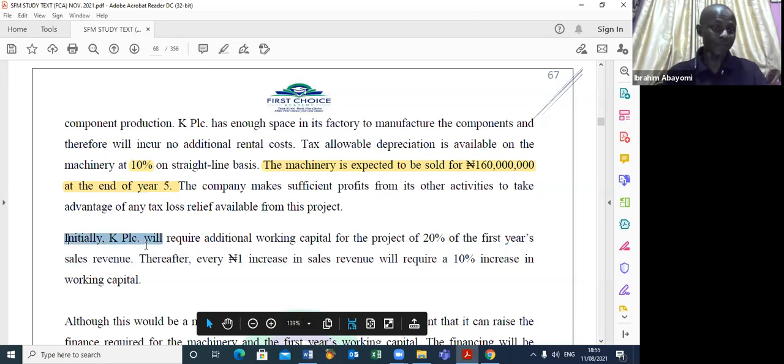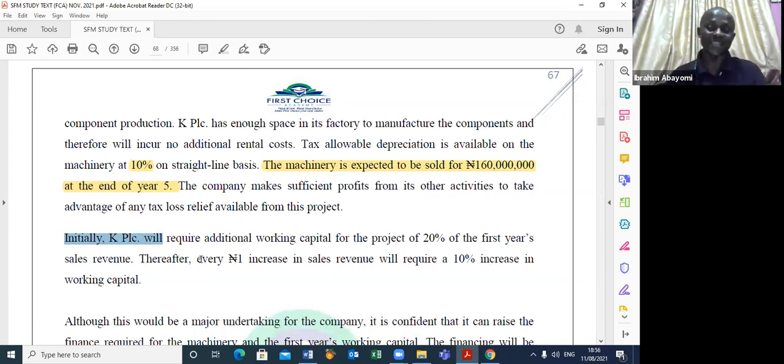So the first working capital is going to be 20% of the first year sales. Thereafter, every ₦1 increase in sales revenue will require a 10% increase in working capital. So after the 20% initial working capital of year 1, the remaining working capital is going to be based on incremental revenue. So you compute your incremental revenue, you charge 10% on it. That is our working capital.